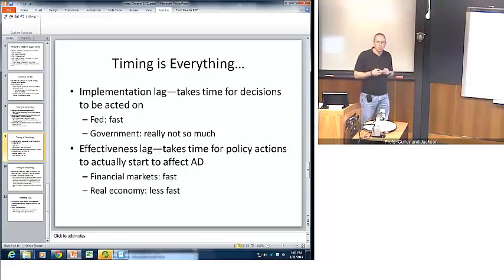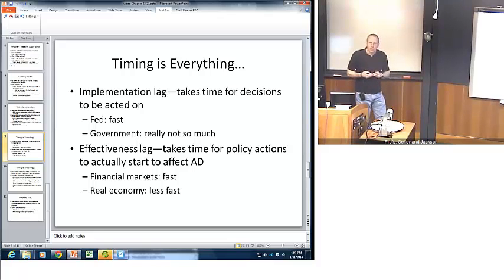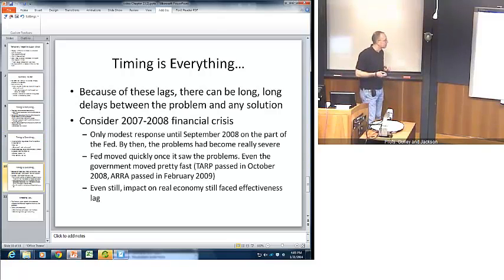These things take time to occur. Financial markets, interestingly, react pretty quickly. So if monetary policy changes, stock prices might react right away, interest rates might react right away, exchange rates might change quickly, and so forth. But the underlying real economy, consumption, investment, exports, and so forth, those sorts of behaviors are much slower in terms of their overall effect. Those things might take months or possibly even years to react to a policy change.